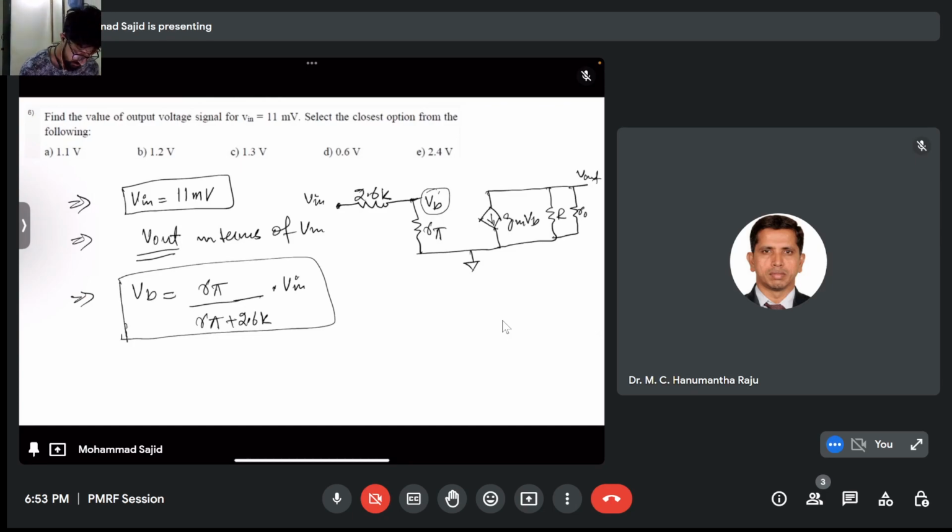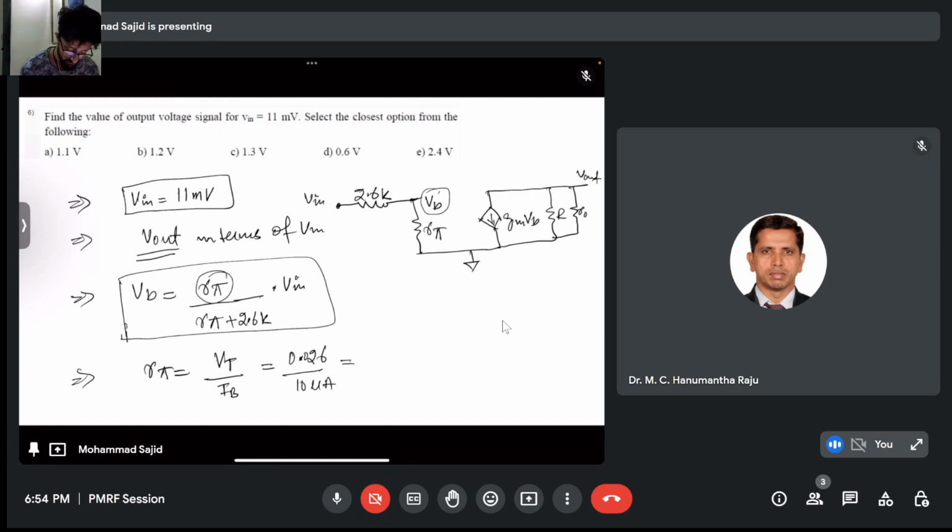We calculated the formula for R pi, we derived it. R pi can be simply calculated as Vt by Ib, right? Vt is given to us as 0.026, 26 millivolt, and Ib is given as 10 microampere.